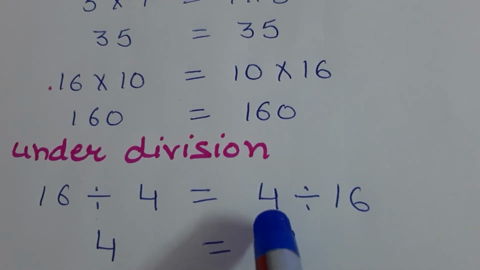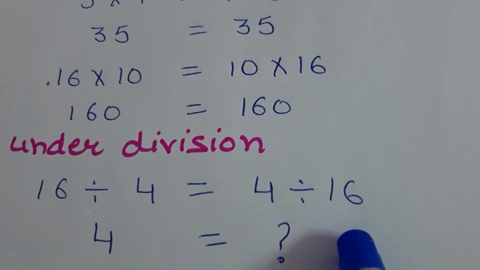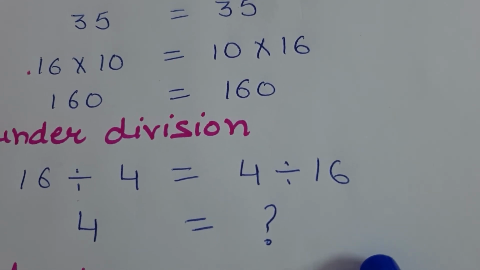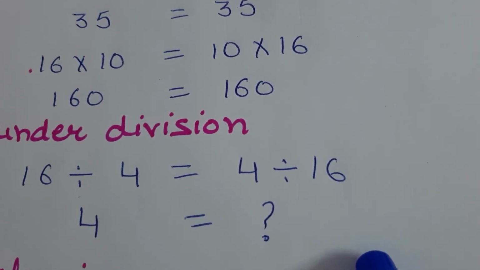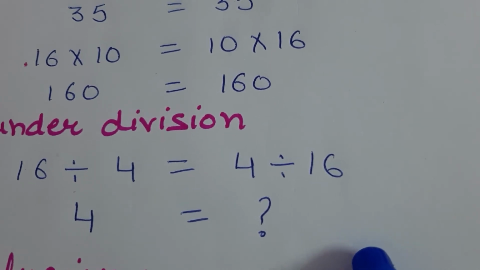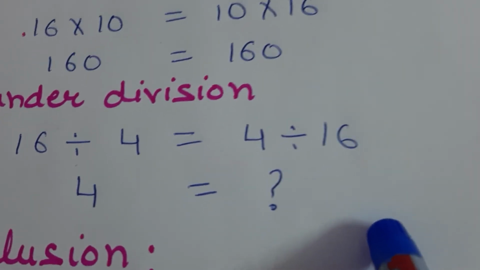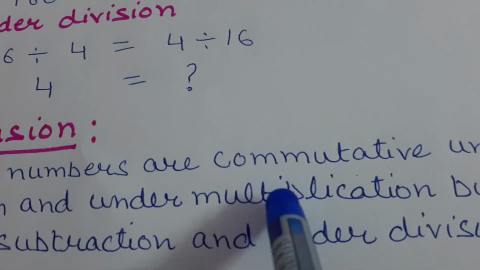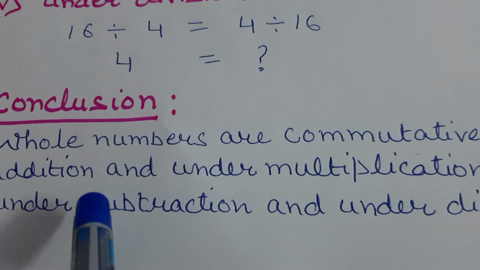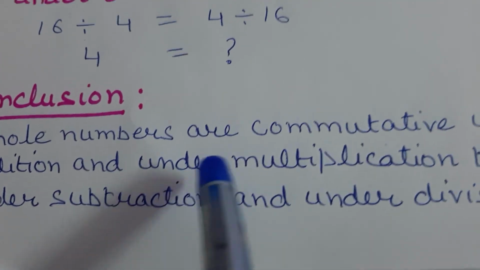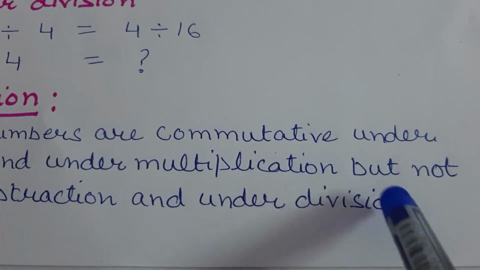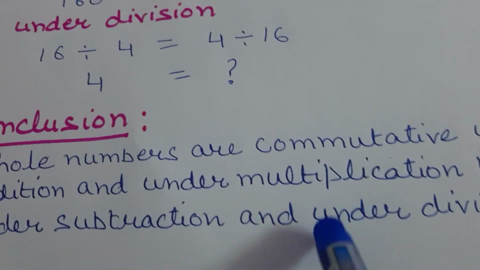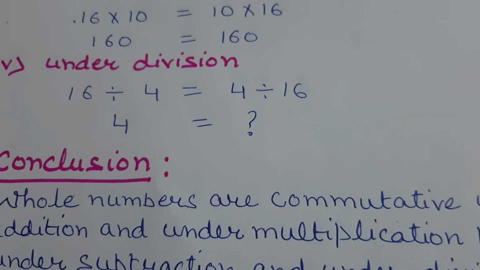But when we divide 4 by 16, meaning 4 over 16, it is in parts, which is not a whole number. So what will be the conclusion? Whole numbers are commutative under addition and under multiplication, but not commutative under subtraction and under division.